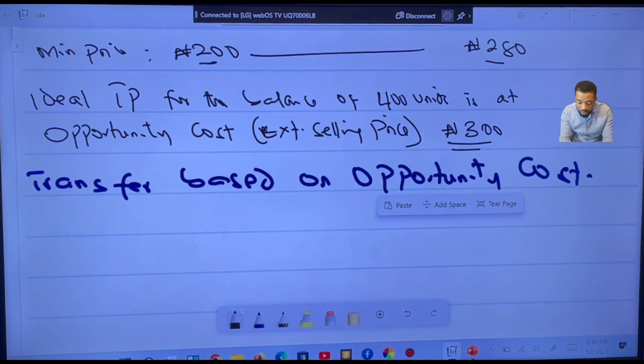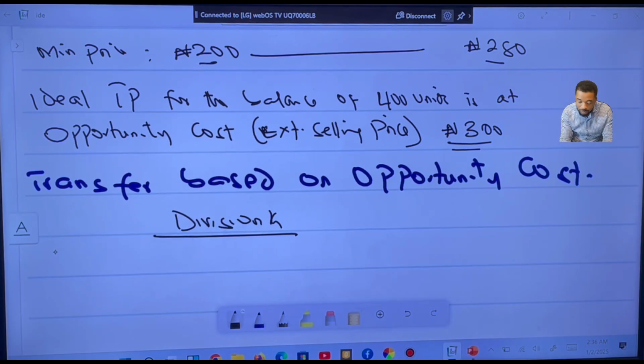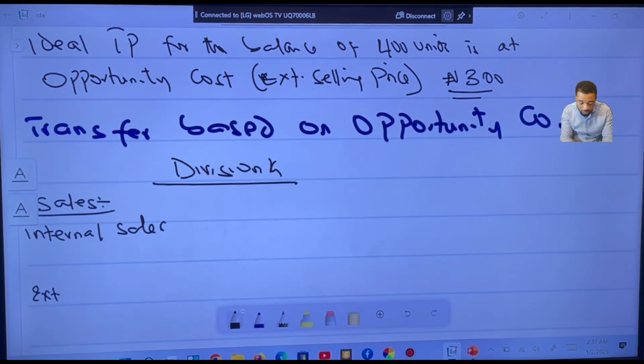I will say this is division K now. I want to get their profit statement, and then I have their sales. The sales will be split into two: internal sales and then external sales.